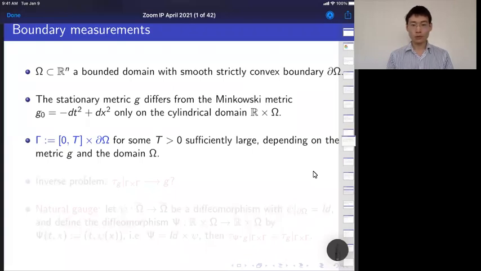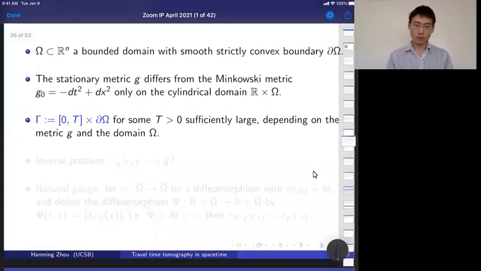This capital T is sufficiently large, so it depends on the metric and also on the domain omega. Later, if we restrict to almost flat metrics, then roughly speaking, this capital T is close to the diameter of this domain omega.